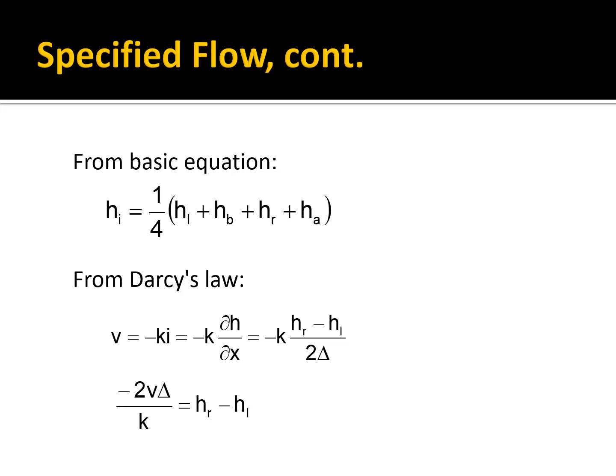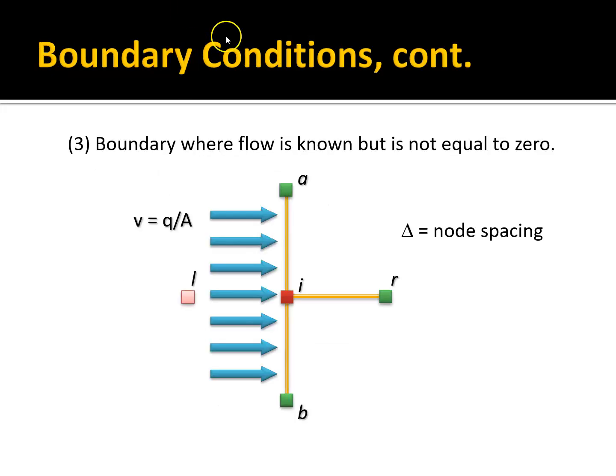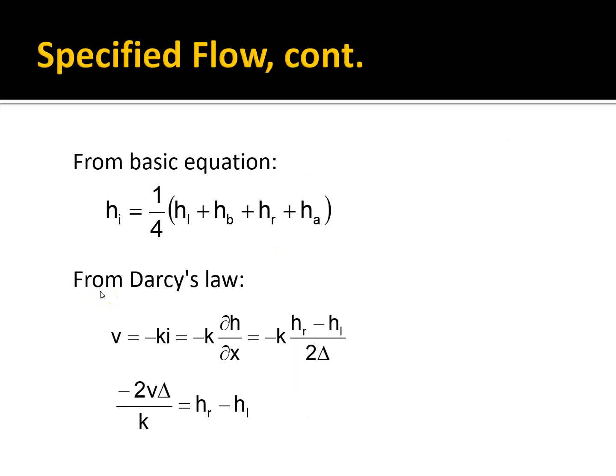And we're going to go back to our basic equation that assumes kx equals ky and delta x equals delta y. And we know from Darcy's law, V equals minus k times del h del x. And looking at flow in the horizontal direction, which is what we're doing here, the hydraulic gradient would be HR minus HL divided by 2 times delta, where delta is the spacing between two individual nodes.